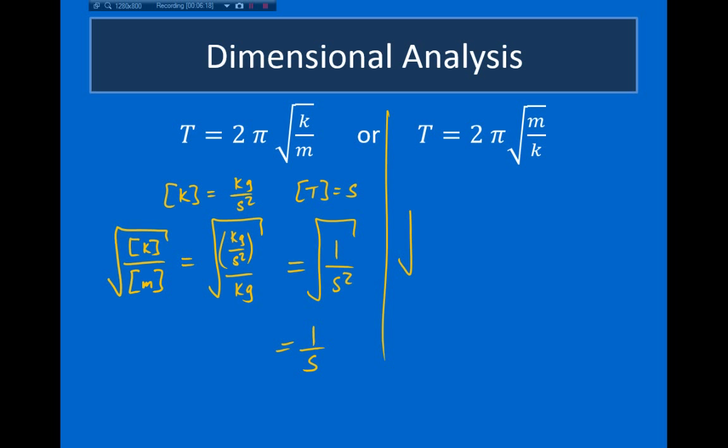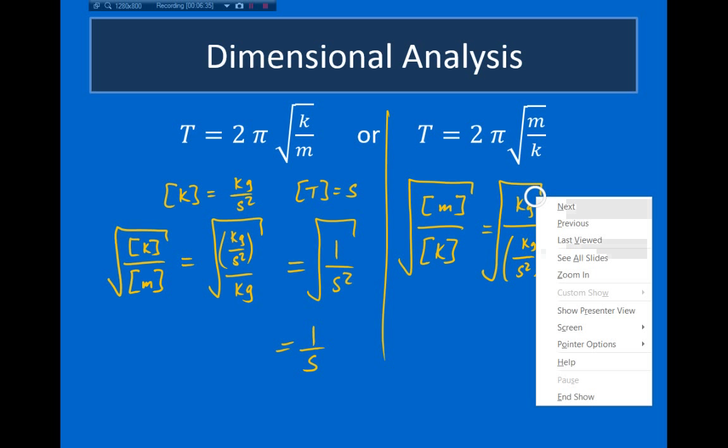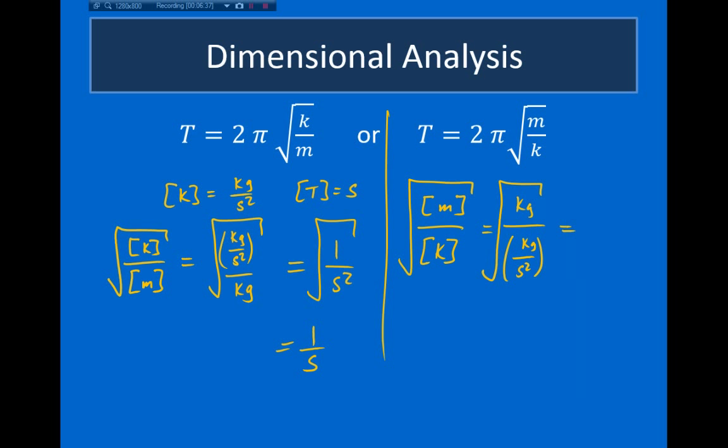So here we have the square root of the units of m divided by the units of k, which is going to be the square root of a kilogram divided by kilograms over seconds squared. And remember that when you have a ratio in the denominator, you can move it into the numerator by flipping the fraction.